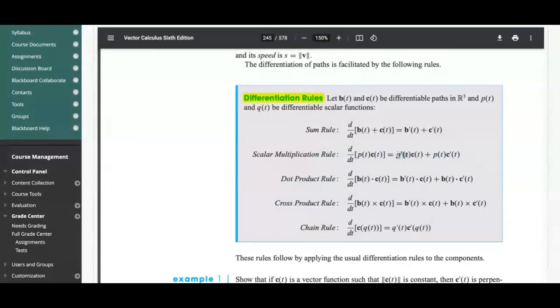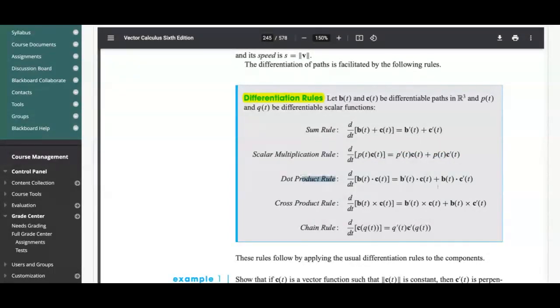So the derivative of the single variable function multiplied by the path, plus the derivative of the path multiplied by the function. So the rule respects the scalar multiplication.